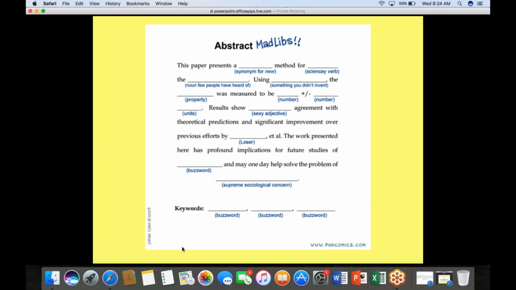So I thought the abstract Mad Libs was really fun. Just fill in the blanks. This reminds me that when I worked at the NIH, every year our institute would have a retreat, and we actually had someone submit and publish a fake abstract.